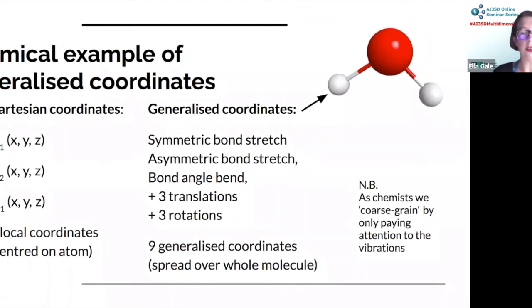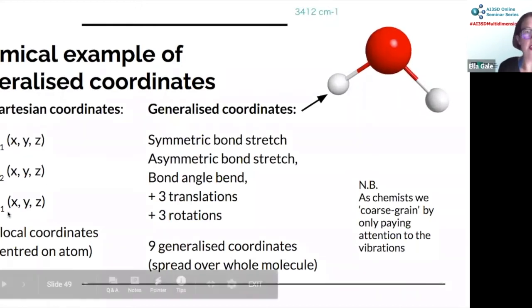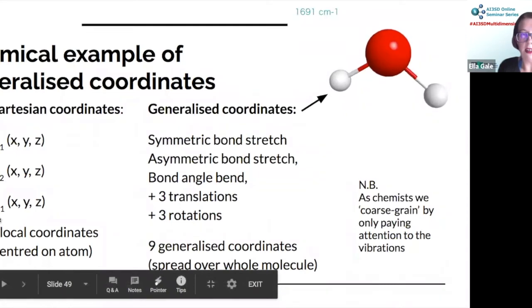Now I can describe all of the movement of that molecule in the simulation using 9 coordinates. So the XYZ of the first hydrogen, the XYZ position of the second hydrogen, and the XYZ of the oxygen, and obviously which point of time we're at. So that's 9 local coordinates. They're called local because they're centered on the atoms.